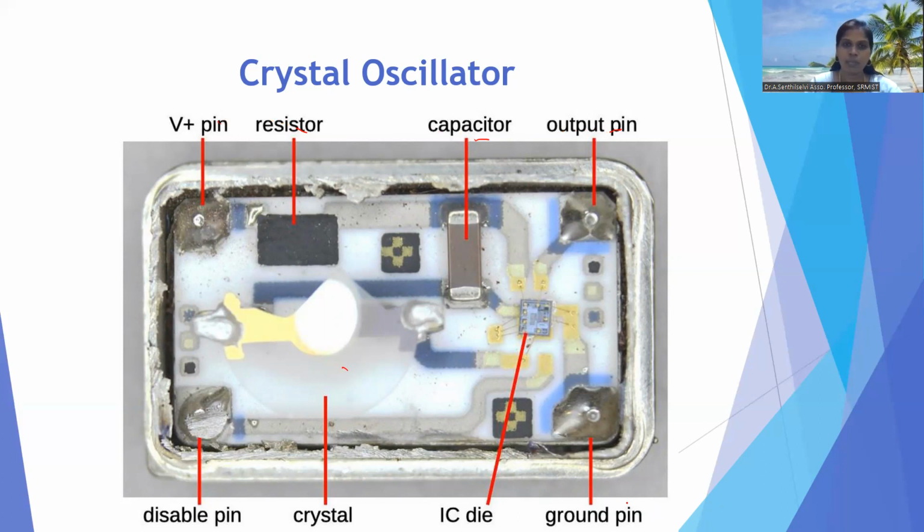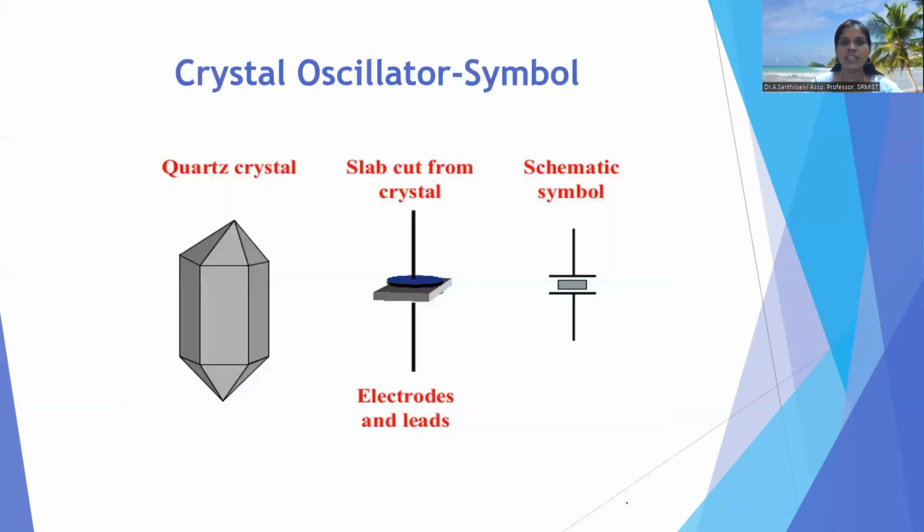Actually, in our syllabus, we have the working of a crystal oscillator. This is a normal quartz crystal. Then how will this be fitted in the circuit? A slice of the crystal is cut from this quartz crystal.